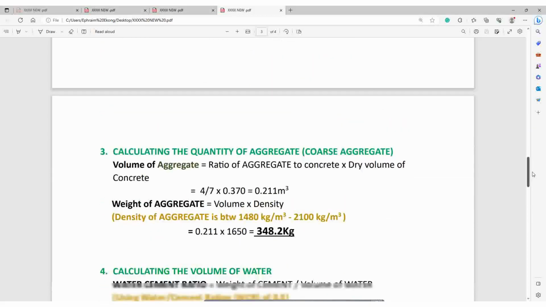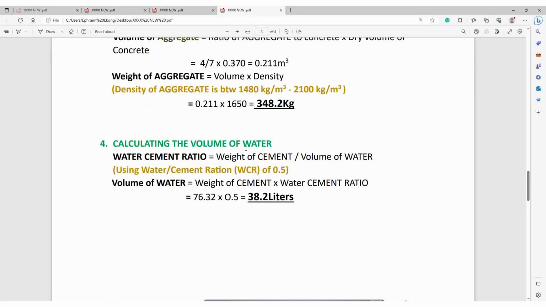So in order for us to get our volume of water, we say 76.32 multiplied by 0.5, we have 38.2 liters of water. So to achieve this work, we need 38.2 liters of water for this concrete rectangular block work.